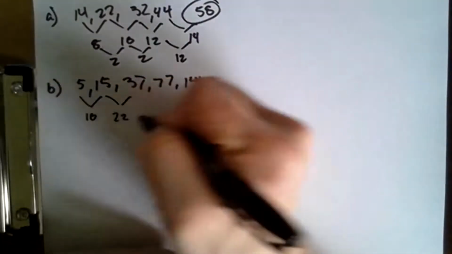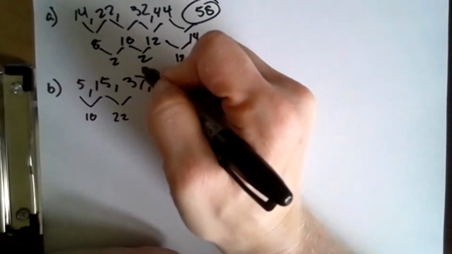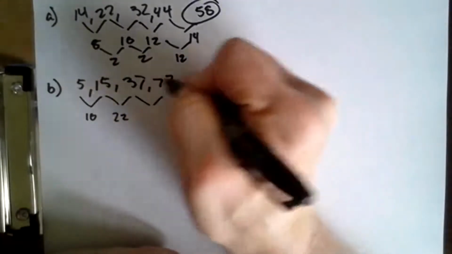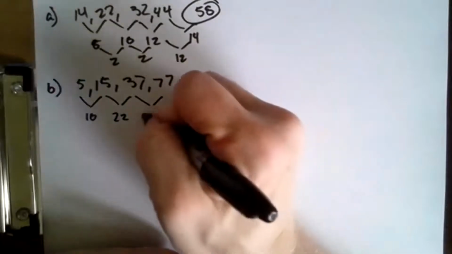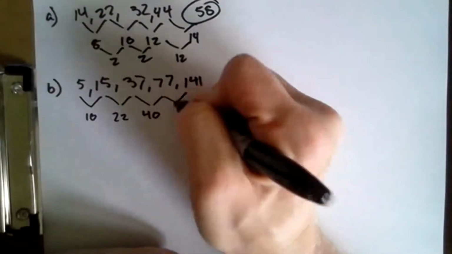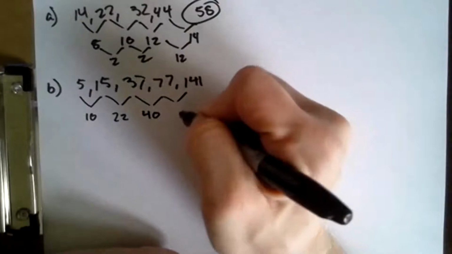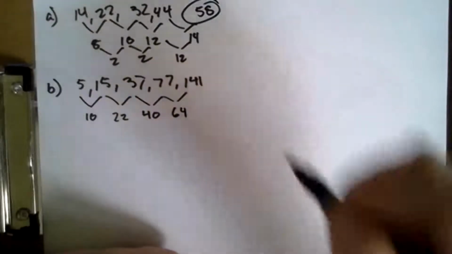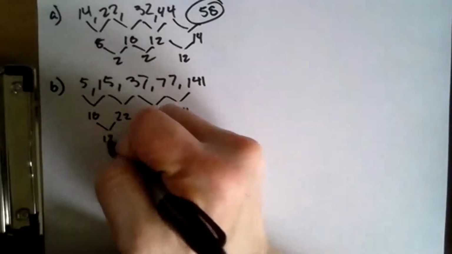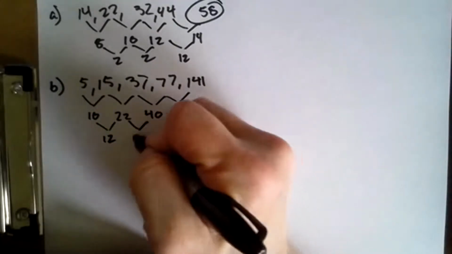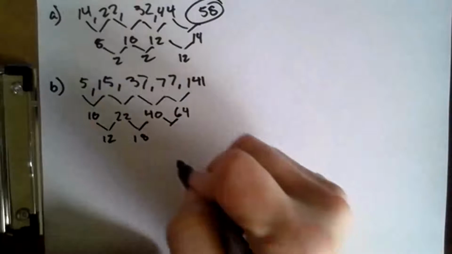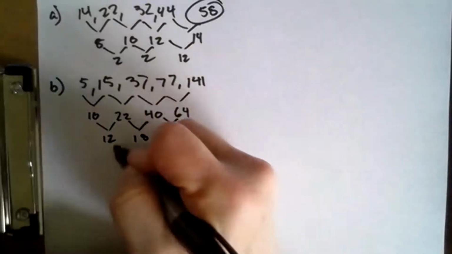It's 22. 77 minus 37 is 40. 141 minus 77 is 64. Repeat, 22 minus 10 gives us 12. 40 minus 22 is 18. 64 minus 40 is 24.